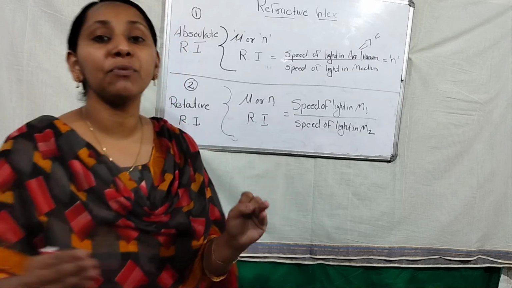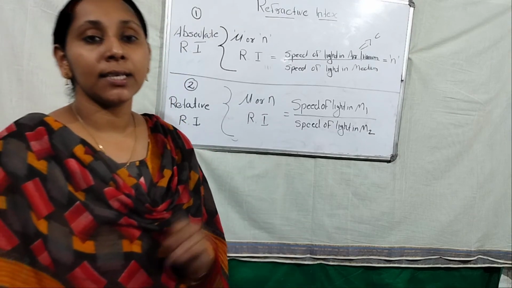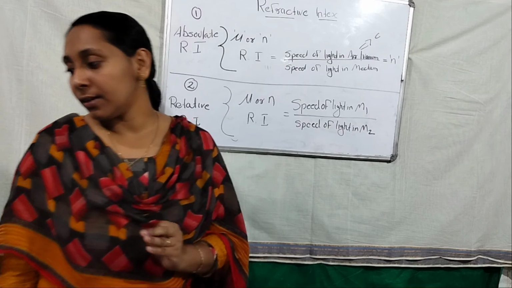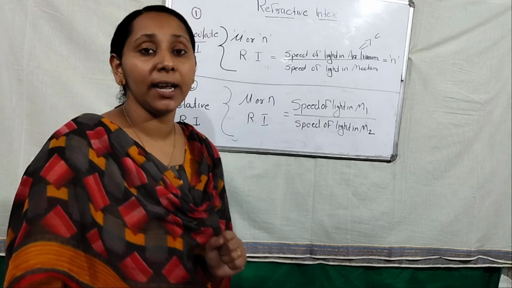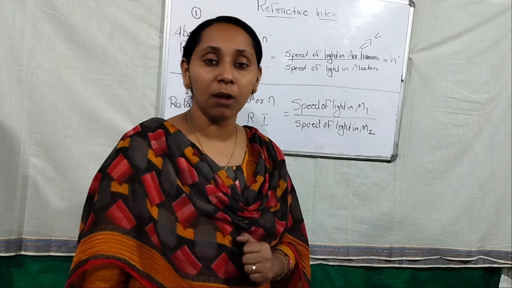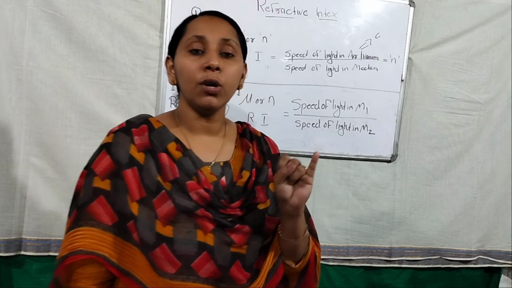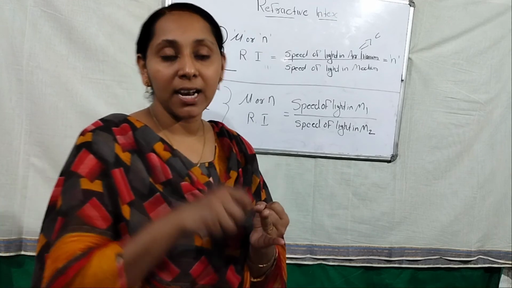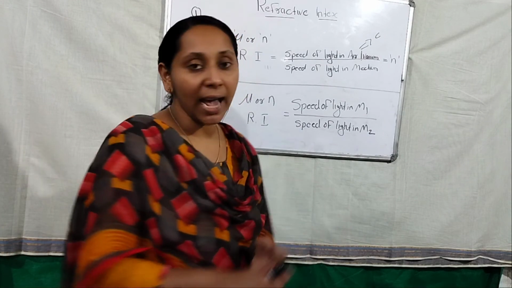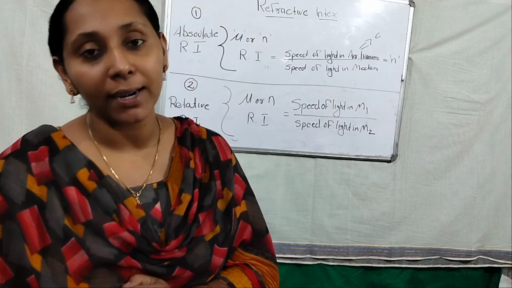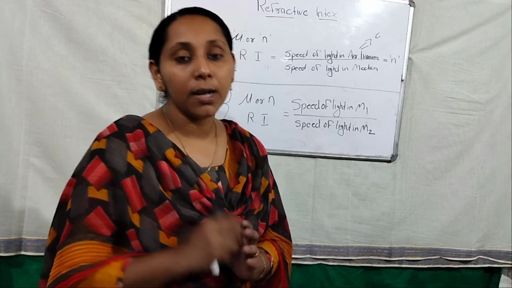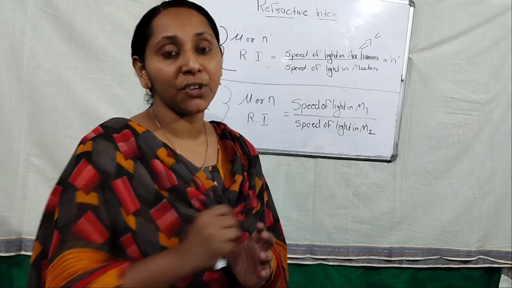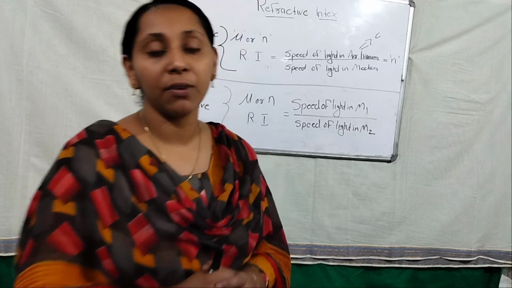The third depending factor is the density of the medium. And the fourth, very important, is the color and wavelength of the light ray. That is how it depends on the refractive index.